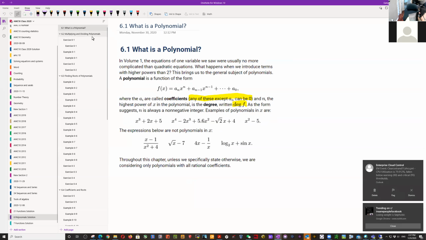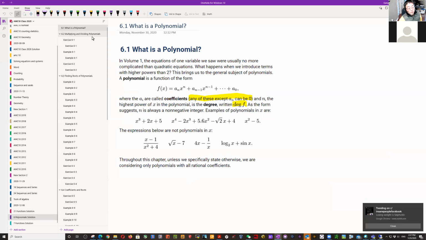We have been able to solve first degree and second degree polynomials. For second degree, we actually have a formula, so it's easy. But how about higher powers of polynomials? It may not be that easy. First, we have to understand what a polynomial is.